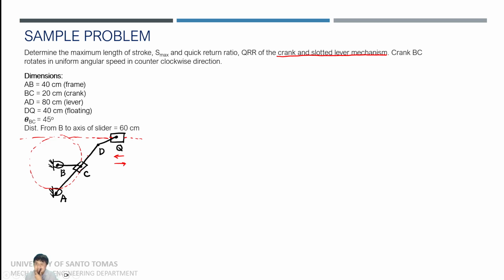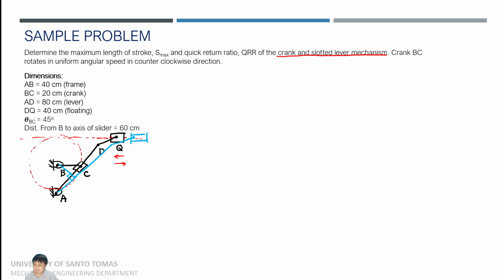So for a crank and slotted lever mechanism, the best position would be when AD is tangent to BC. In a real case, you can imagine this will be the position where it is tangent, and this will be the first extreme position of your crank and slotted lever mechanism.